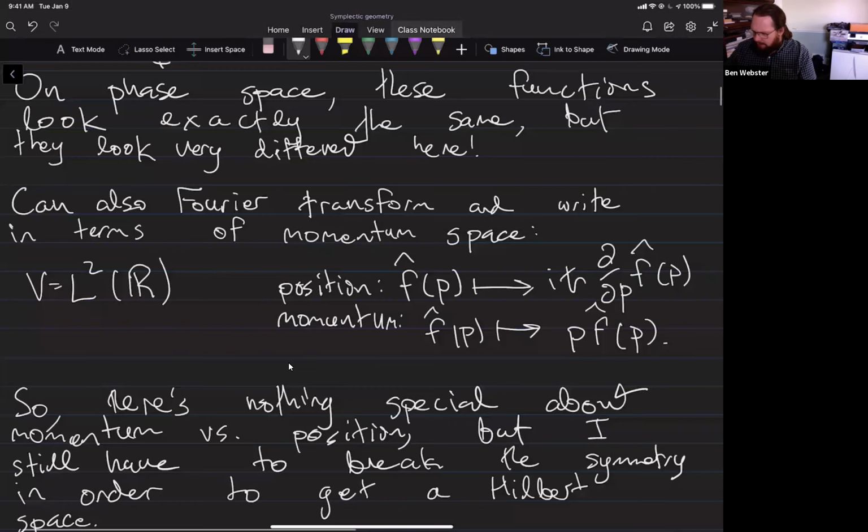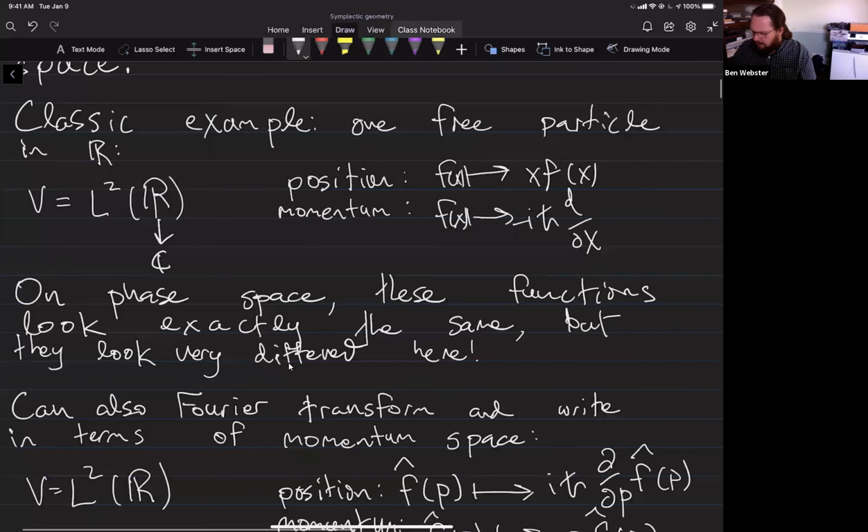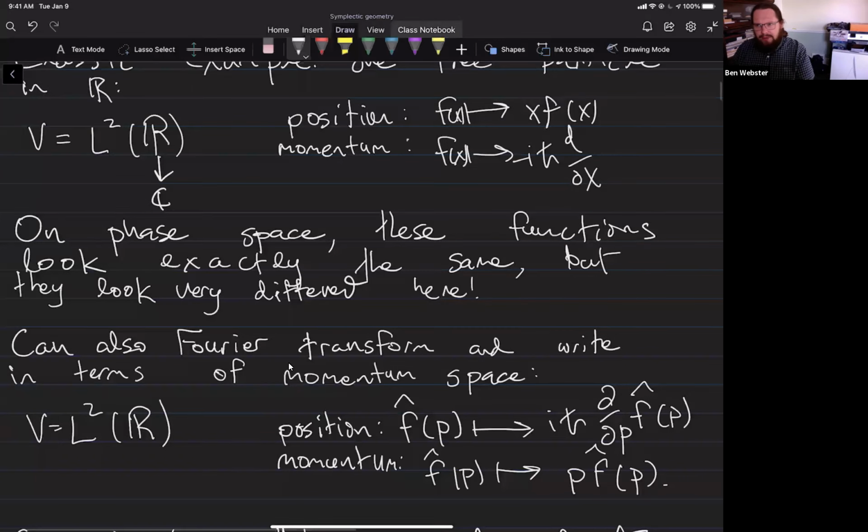So I look here, and up to a factor of minus h bar, I see that position may be multiplication by a function, but momentum is differentiation with respect to the corresponding Hamiltonian vector field.